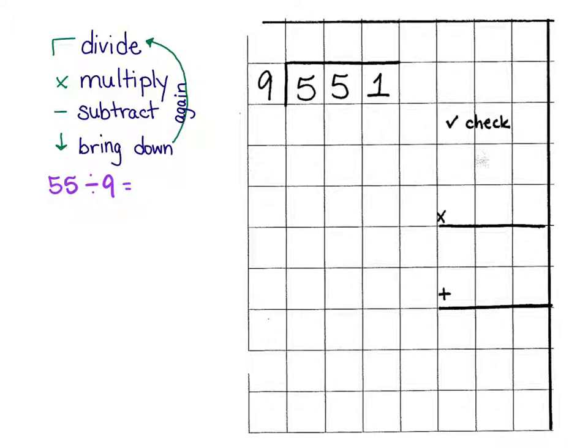Okay. If you do not know your multiplication facts, this is a time where you need to see what your divisor is. Ours is 9. And skip count.